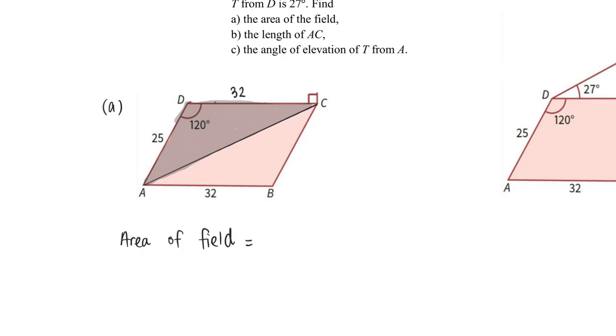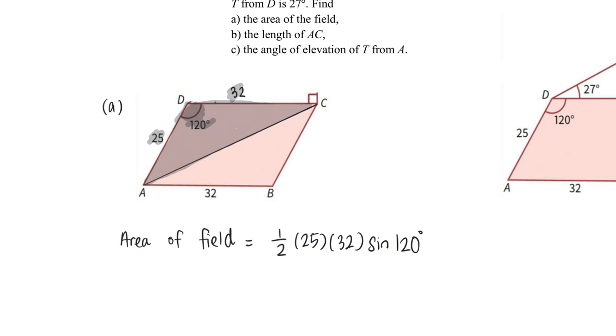is equal to half AB sine C, where A and B make the angle C. So this will be half times 25 times 32 times sine of this angle 120. This is only for 1 and I have 2.